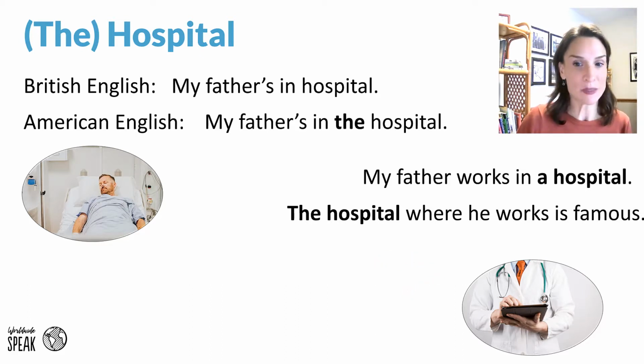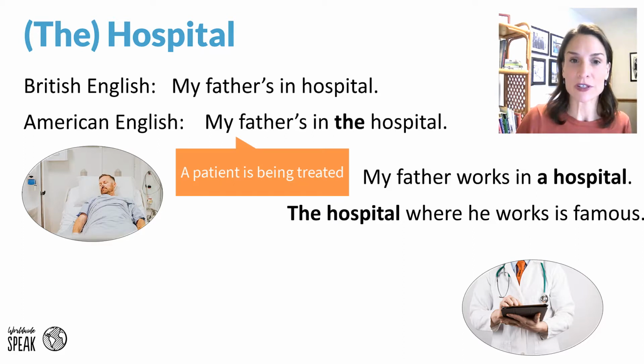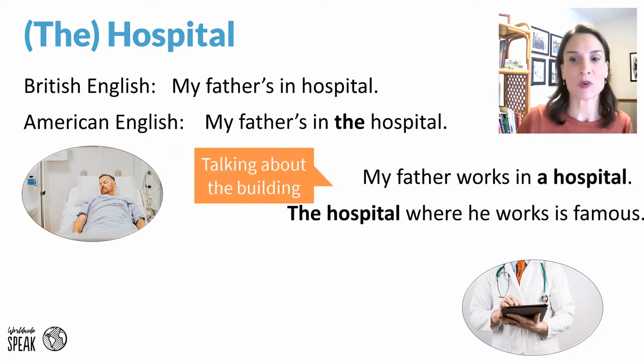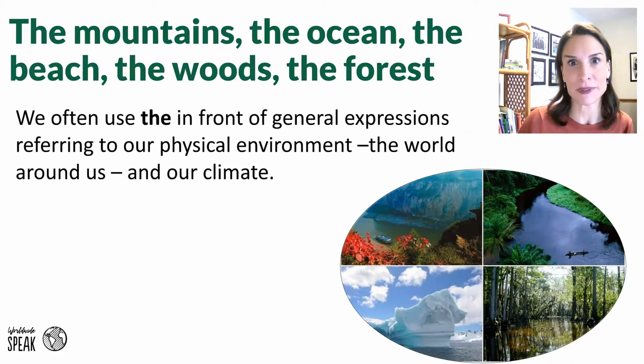Or the hospital where he works is famous. I'm talking about a specific hospital, the hospital where he works. So in the first 2 sentences, in the hospital, it's like as a patient, or works in a hospital, or the hospital where he works. Here we're talking about it more as a building.